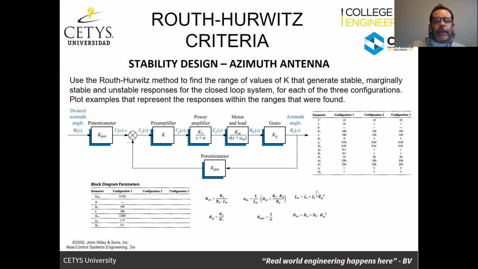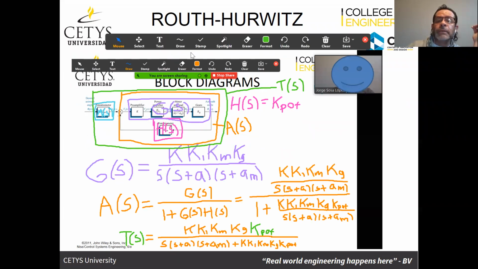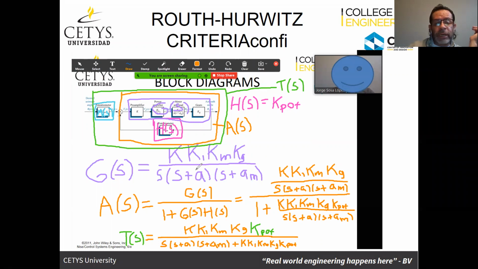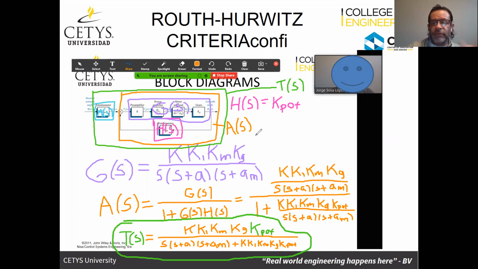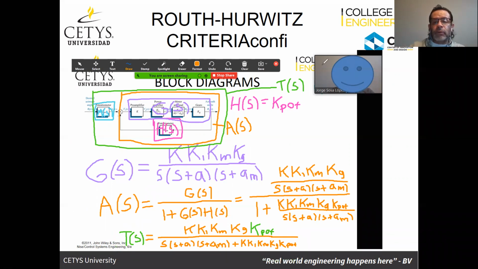First, we're going to need the complete transfer function of the whole system, and remember that we had already found that in the last unit. It was this one, the expression that related all of the parameters of the whole system. This is the transfer function we need to evaluate stability using the Routh-Hurwitz criterion.